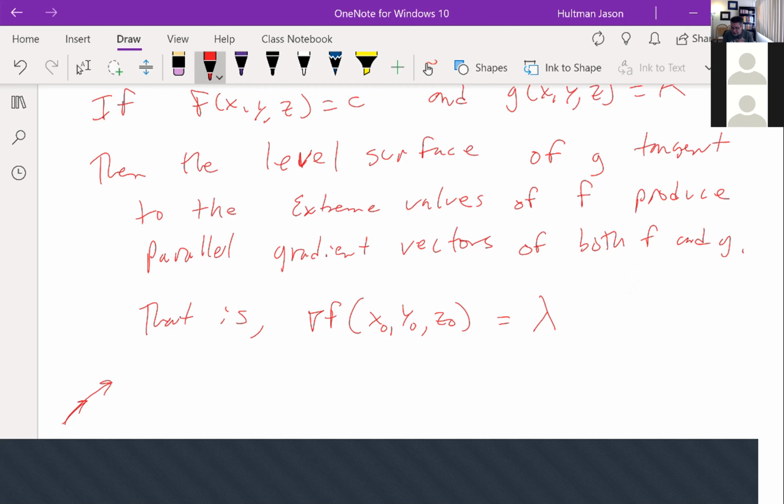Okay, tangent to the extreme values of f, produce parallel gradient vectors. Lambda del g of x naught, y naught, z naught, where lambda is called a Lagrange multiplier.